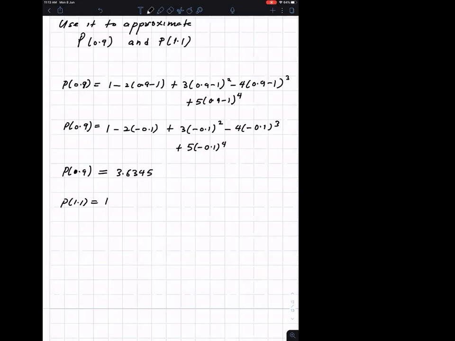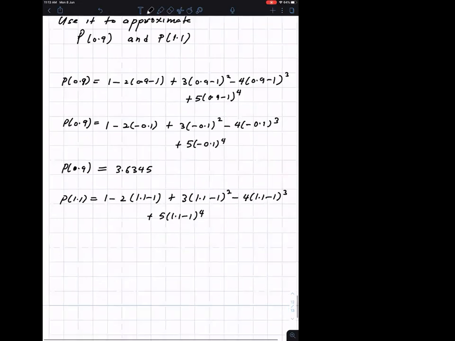And then P(1.1) is going to be 1 minus 2(1.1 minus 1) plus 3(1.1 minus 1) squared minus 4(1.1 minus 1) cubed plus 5(1.1 minus 1) to the power of 4.